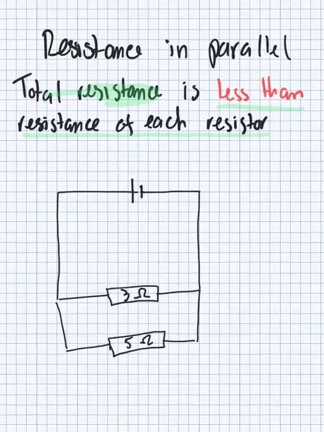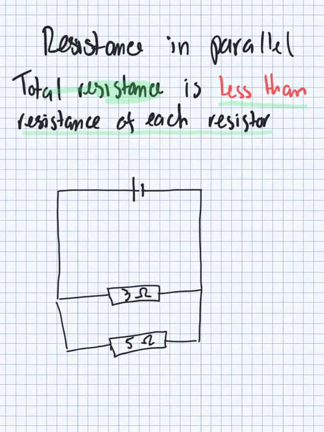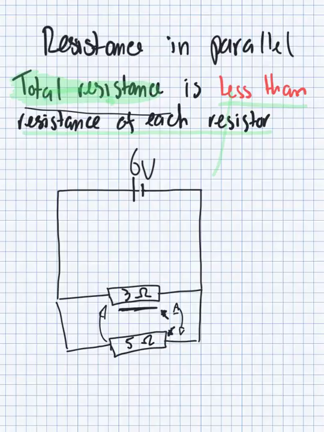Now I'm going to take a look at why the total resistance of the circuit is going to be actually less than both of these, less than even 3, which doesn't make sense really, because you think if you're adding resistors you should be increasing resistance, but when you add resistors in a parallel circuit you're decreasing the resistance in the circuit. Don't get too hung up on why this is the case, you don't particularly need to know that.